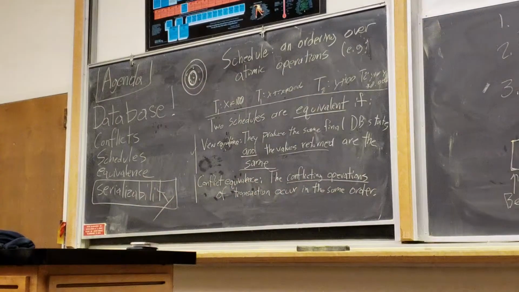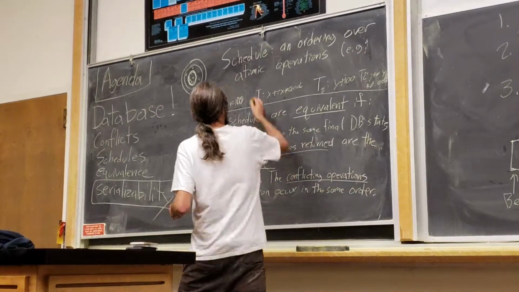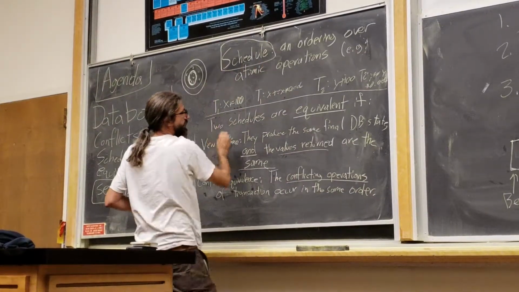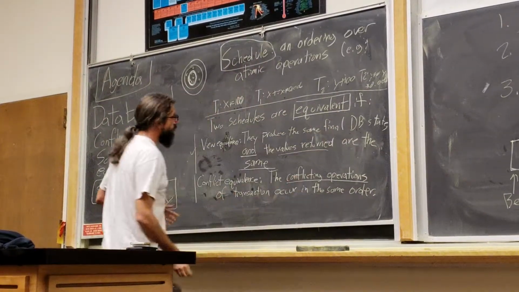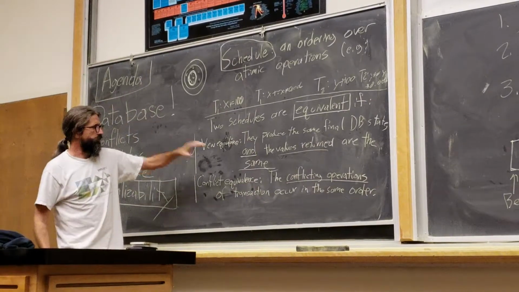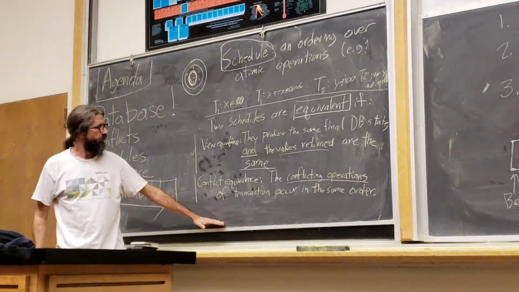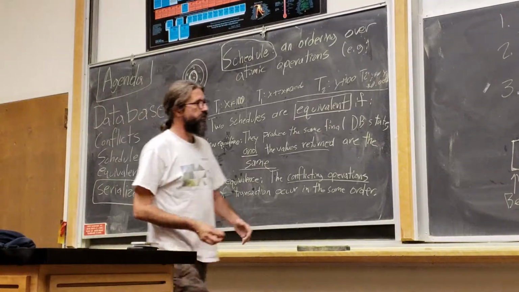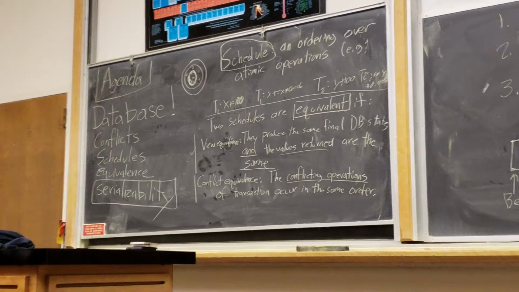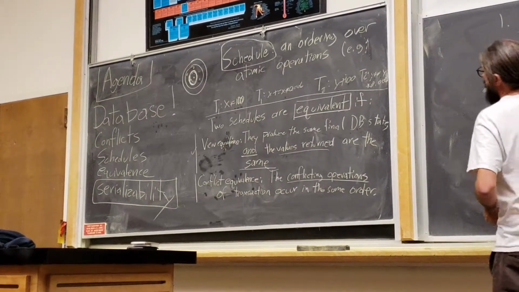Okay. So we've got a definition of a schedule, and we've got a definition of what it means for two schedules to be equivalent, in terms of what we might like and what we can actually pay for. And so the only thing left to do is to say what a serial schedule is.